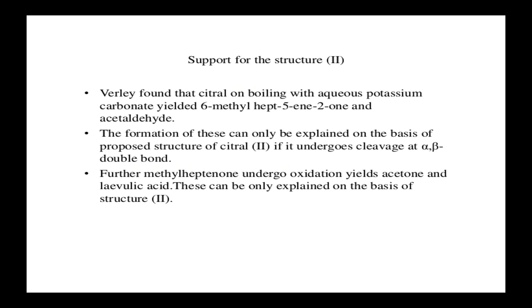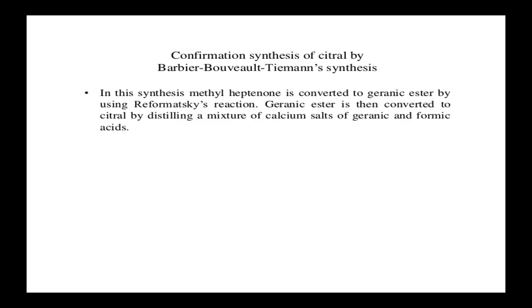Further, methylheptenone undergoes oxidation to yield acetone and levulinic acid. This can only be explained on the basis of structure 2. So this is the evidence that structure 2 is the correct structure of citral. It forms 6-methylhept-5-en-2-one, and then levulinic acid and acetone.